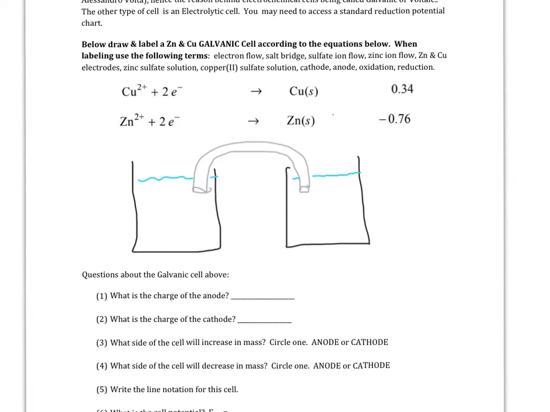So if we flip the zinc one, that'll be a positive, and then if we add those two up, we get 1.10 volts.